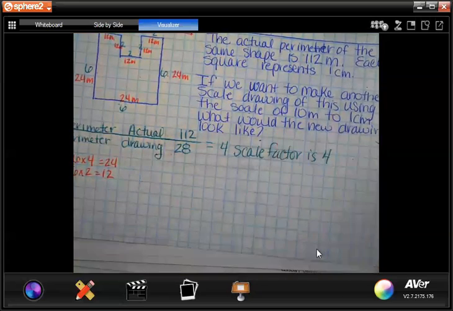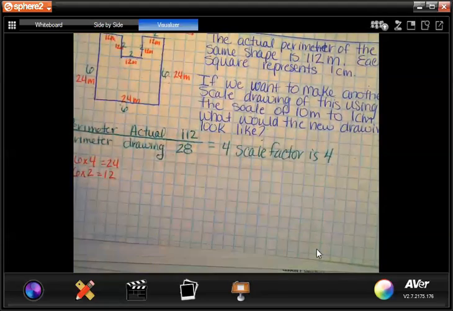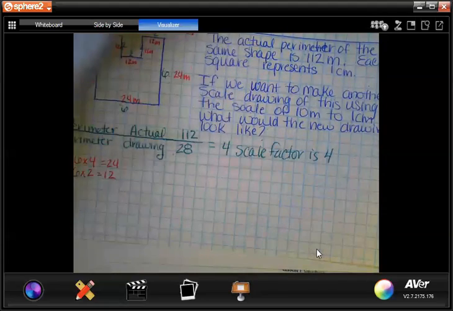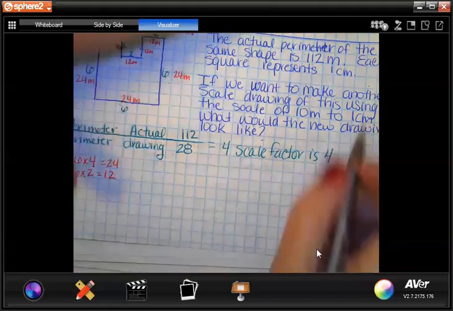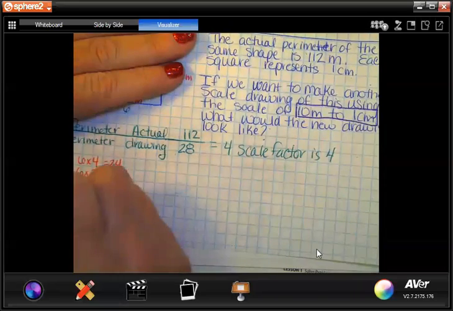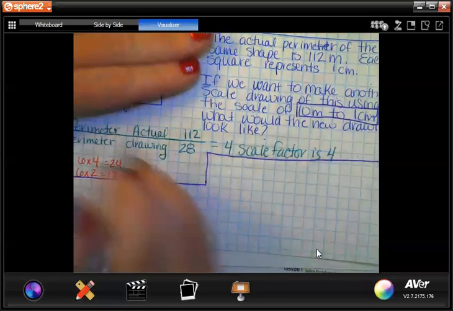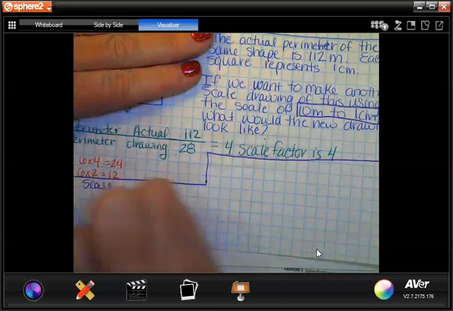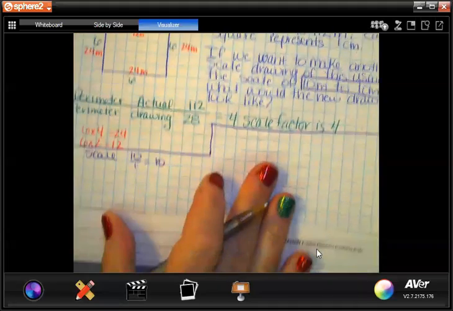All right. So now we're going to do another scale drawing of this. We know our scale is right here. I'm going to do this right here to separate it. So my scale is 10 to 1, which is 10, right?